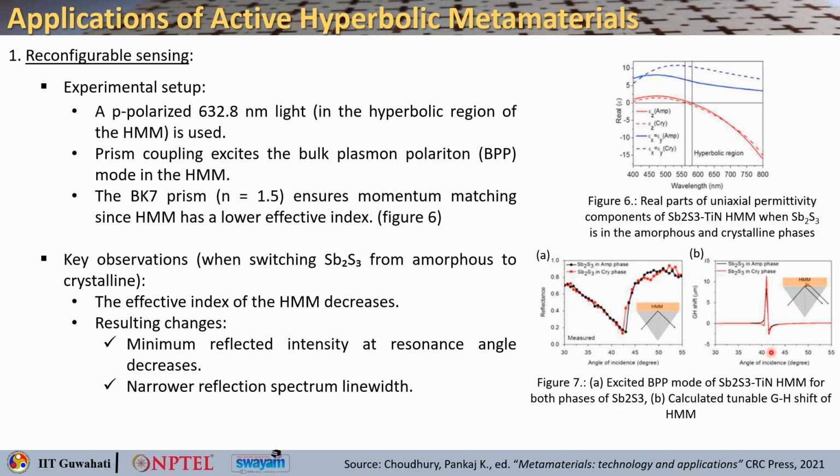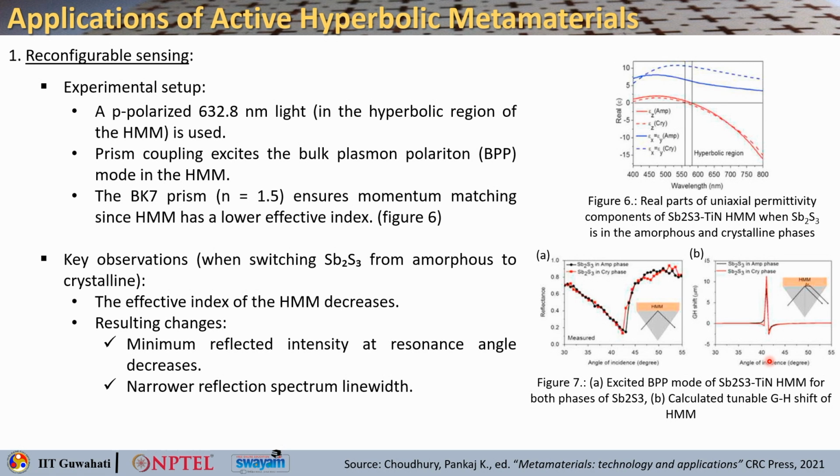The phase singularity at the coupling angle, which you can see here, can be actively tunable by non-volatile phase change of this antimony trisulfide. That means, when the antimony trisulfide changes between amorphous and crystalline phase, that is when you can change this wavelength, and that will give you the shift in the properties, right.